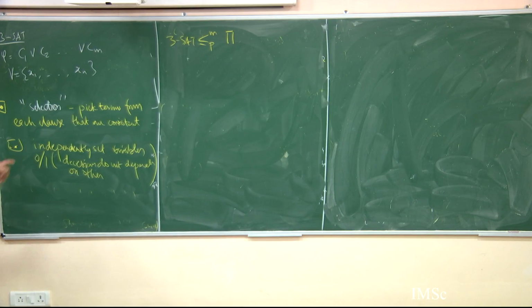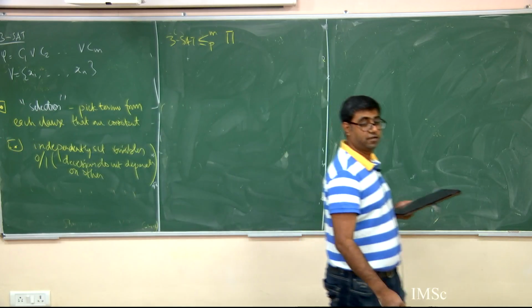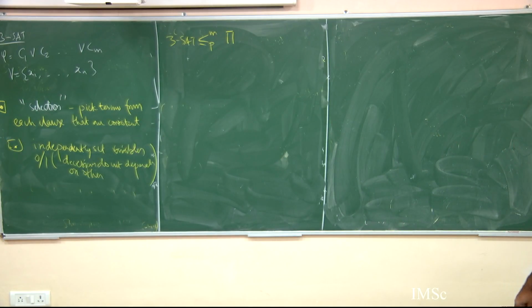We just now saw an example of this: it is exactly what we saw when we gave a reduction from SAT to hitting set. We were selecting variables coherently. You will see enough examples of this.